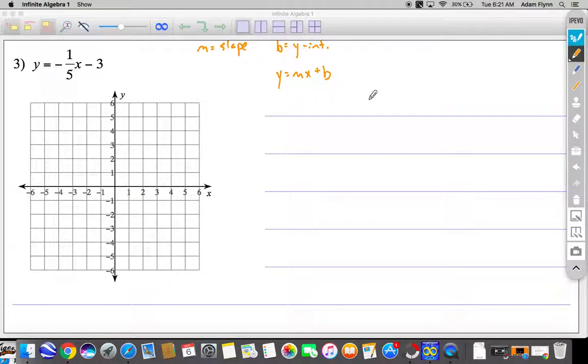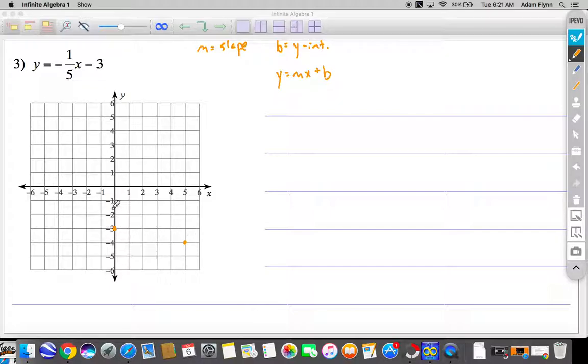Okay, for this next one, y equals negative 1/5 x minus 3. So I'm going to start at my y-intercept, which is negative 3. And my slope is going to be negative 1/5. So I know it's going to be going down from left to right. So for my rise, I'll go down 1 because this is negative. So I'll go down 1 and then to the right 5.